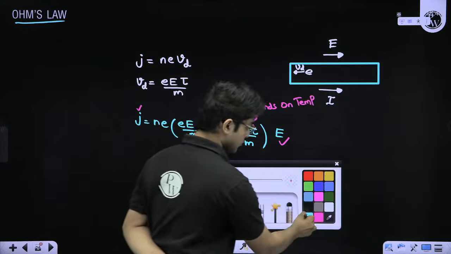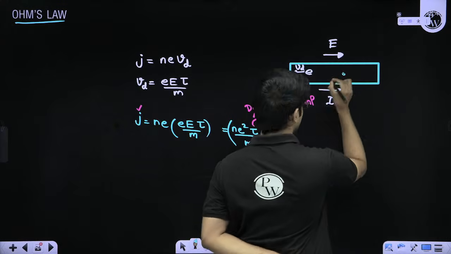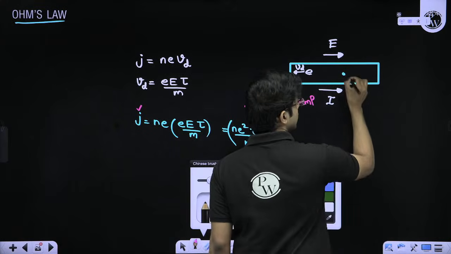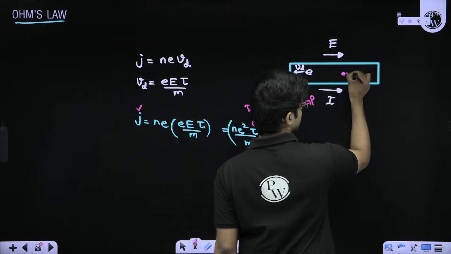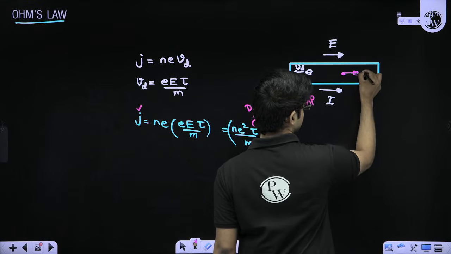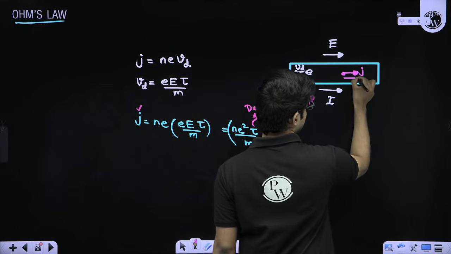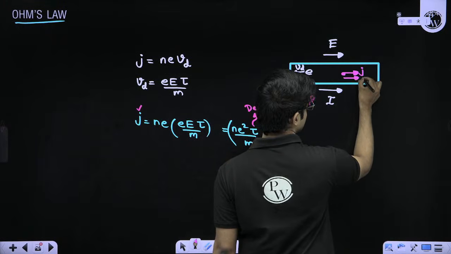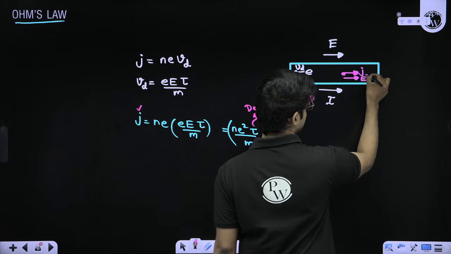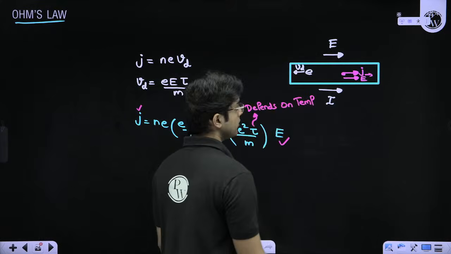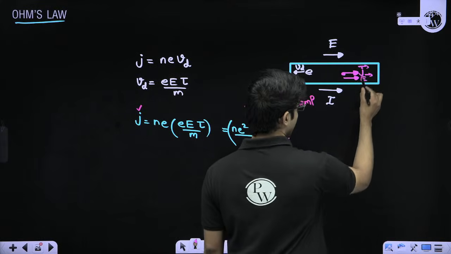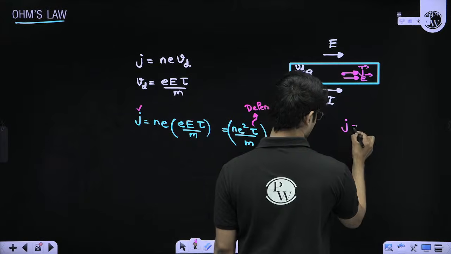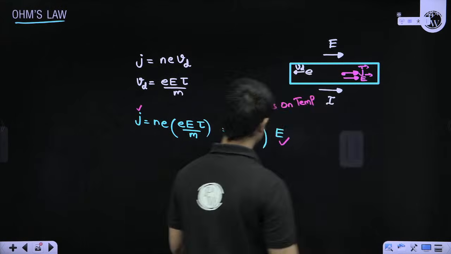Microscopic because if you choose any point inside the conductor, there if the current density is J, then the electric field will be in the direction of J. Their relation is given by this formula.